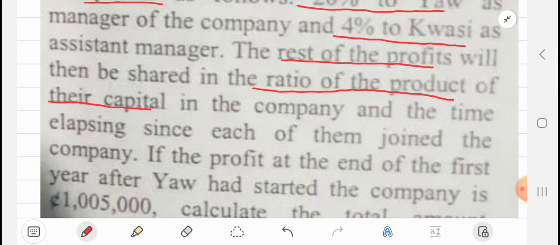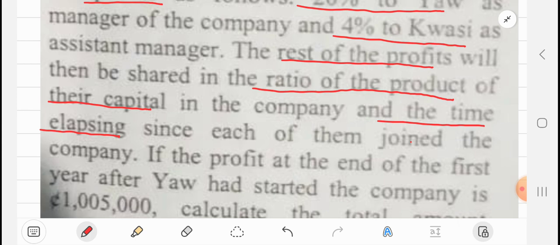Take the product and the time. So we're going to take the ratio of the product of their capital in the time elapsing since each of them joined the company. That's what the question says there.